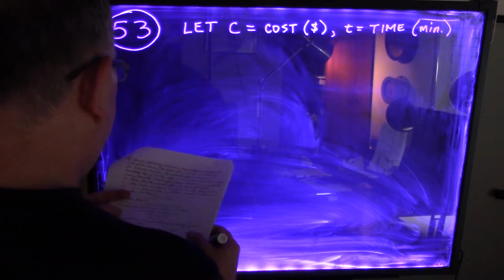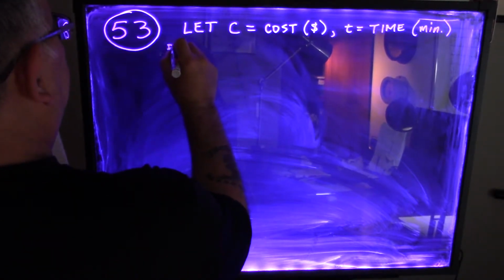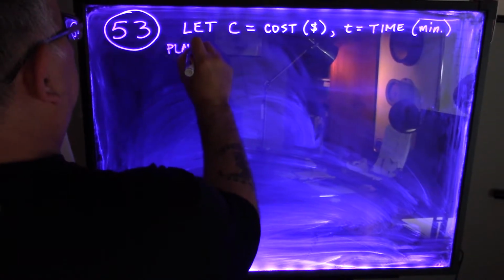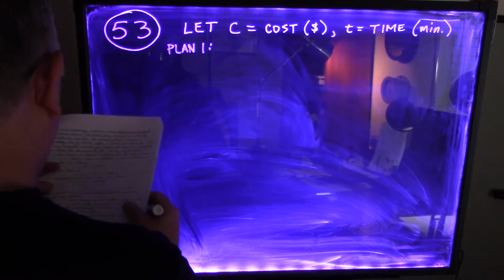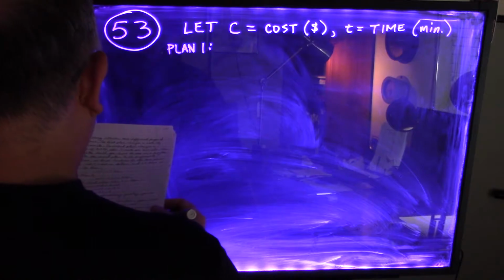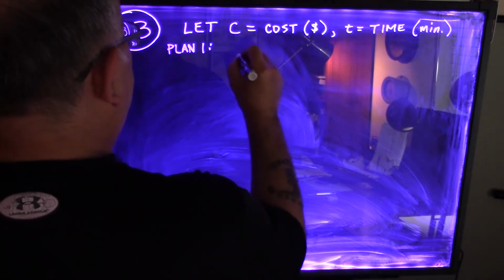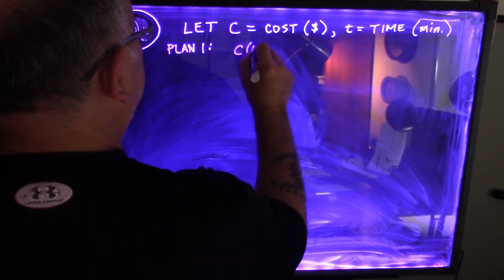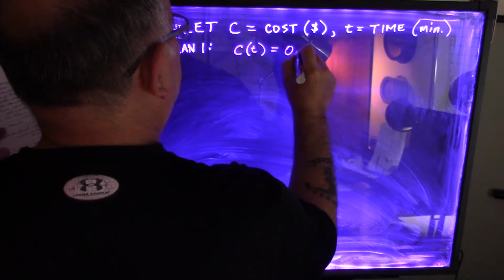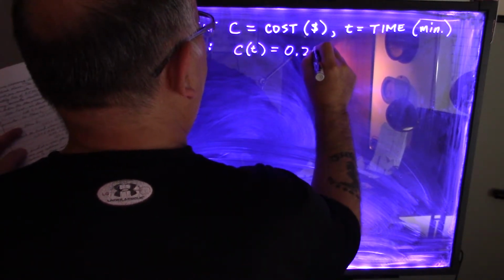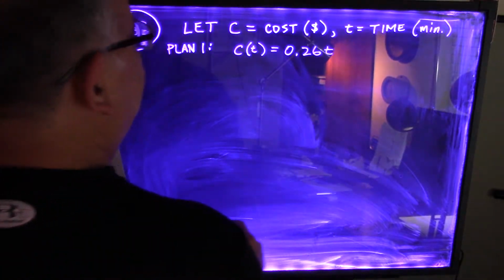All right. So let's look at plan 1. Get a function for that. This is just 26 cents a minute. So C of T is equal to $0.26, or just 0.26 times the number of minutes.